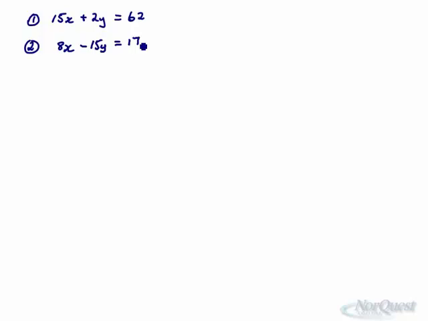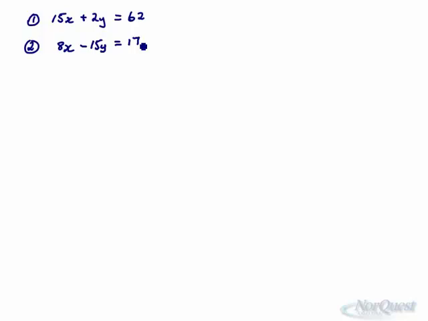So here's what I need to do. I need to multiply both sides of an equation to make one of the variables have the same coefficient in both. Now when I look at 15 and 8, to finally have a number that they both go into will be a very big number. But both 2 and 15 can very easily be turned into 30.